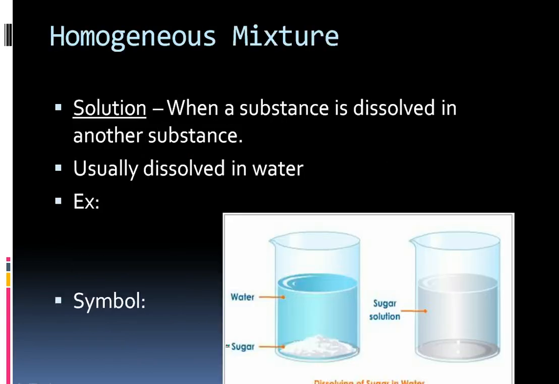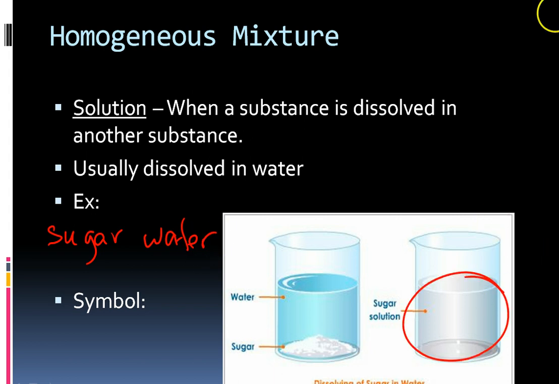One special type of homogeneous mixture is called a solution, and we're going to see a lot of these this year. This is when a substance is dissolved in another substance, usually dissolved in water, but it could be something else. A good example is my picture over to the right, and this would be sugar water. In this solution, our sugar is dissolved in the water, and notice it has a uniform composition.